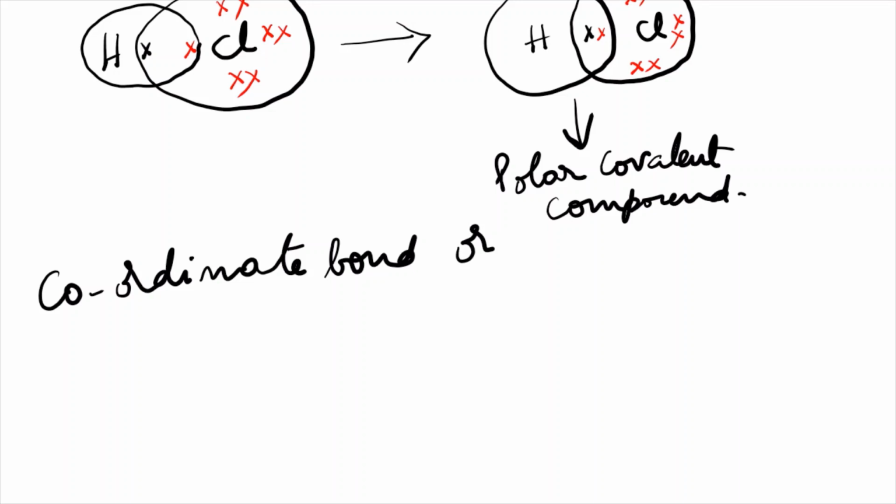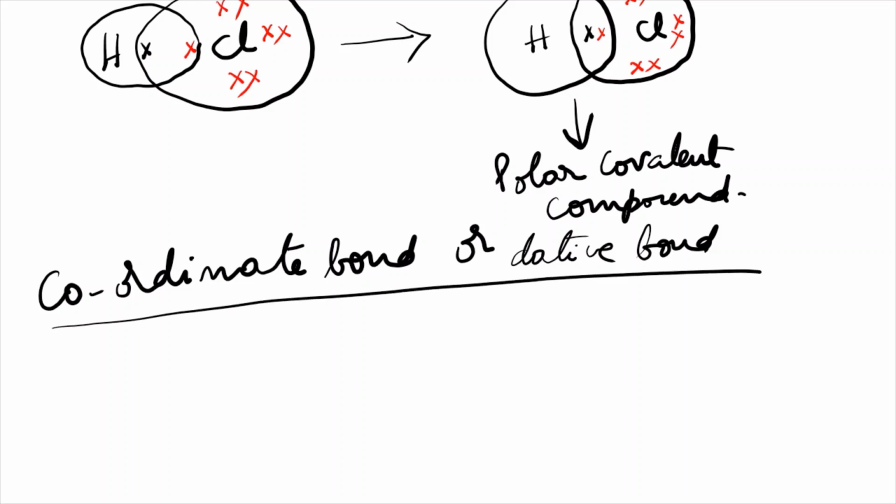Okay, coordinate bond or dative bond. Very important. It has two examples in your scope, and each of them definitely comes alternately every year in the boards.